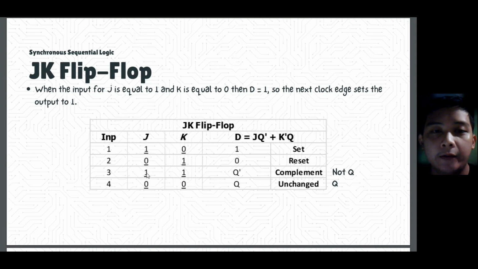Furthermore, when both J and K are equal to 1, then D is equal to not Q. The next clock edge complements the output. Finally, if both J and K are equal to 0, then D is equal to Q. The clock edge leaves the output unchanged.